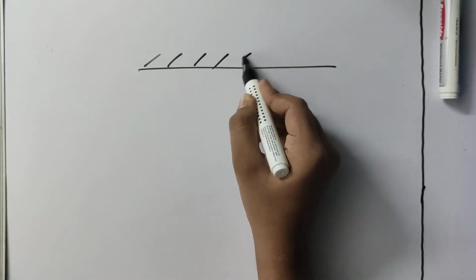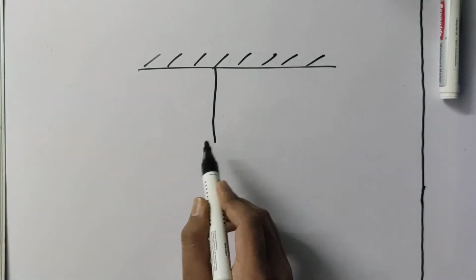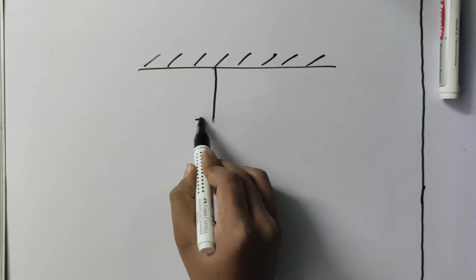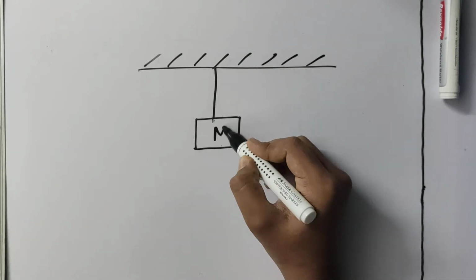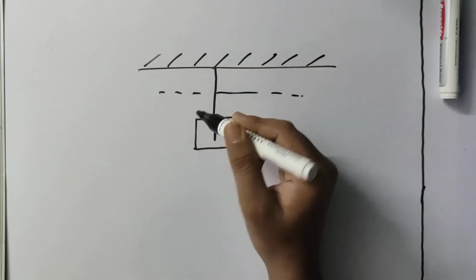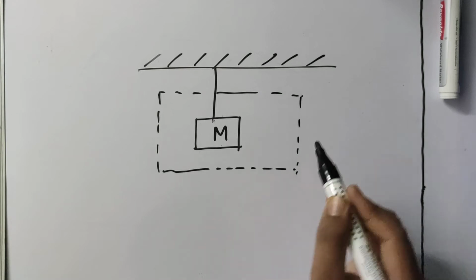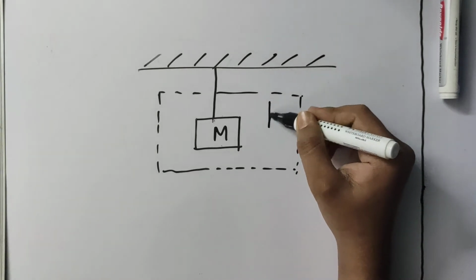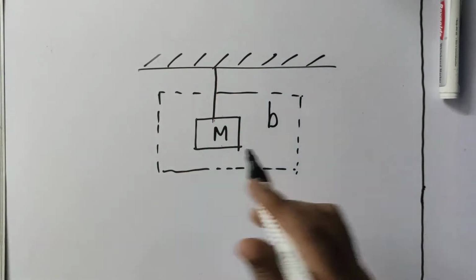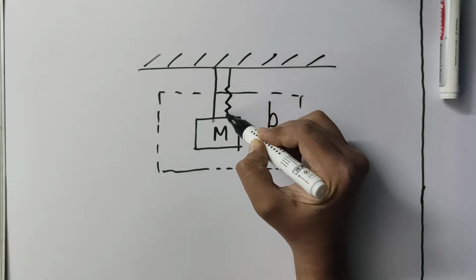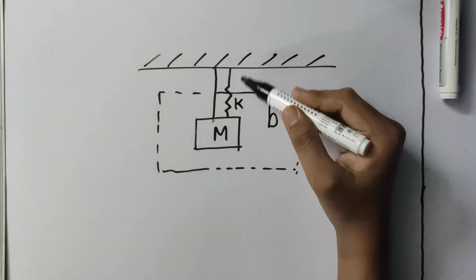Say this is our ceiling, a fixed rigid support, and then with the help of a string you suspend a mass, and this thing is kept in a viscous medium of constant B, the viscosity constant B, and let us say I have attached a spring of spring constant K. So this is the spring which can oscillate up and down.